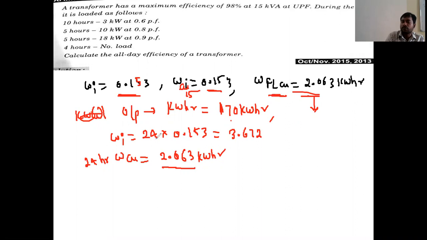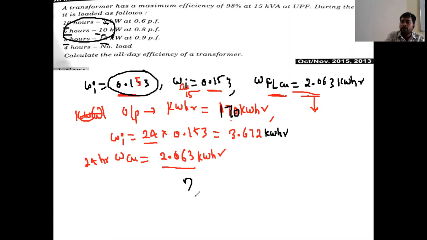Iron losses for 24 hours is 24 hours into 0.153, which gives 3.672 kilowatt hour. And 170 is the kilowatt hour output for 24 hours, the sum of 3 into 10 hours, 5 hours into 10 kilowatts, and 5 into 18. If we add all these, we get 170.